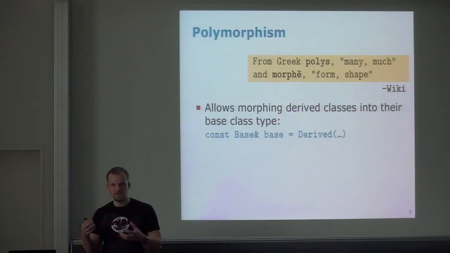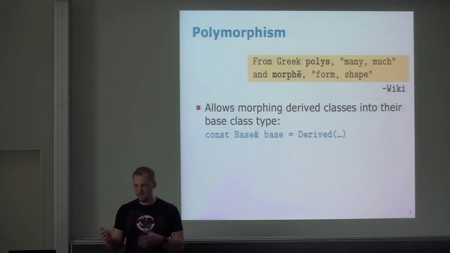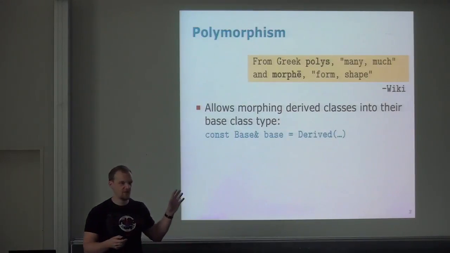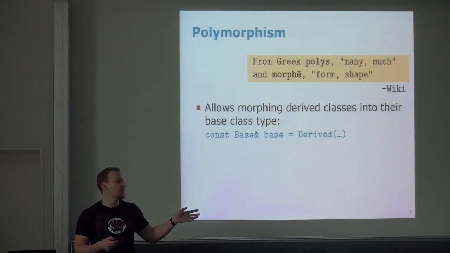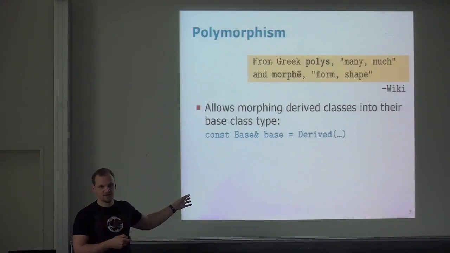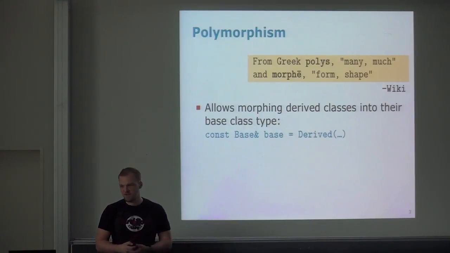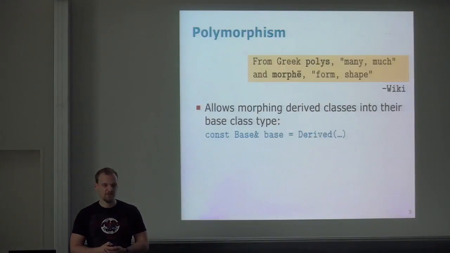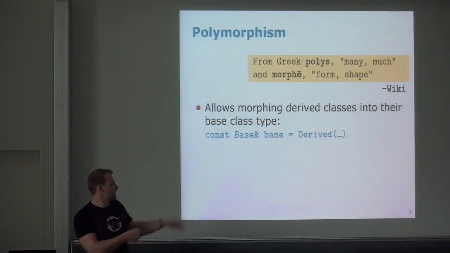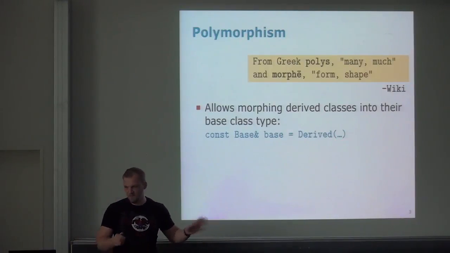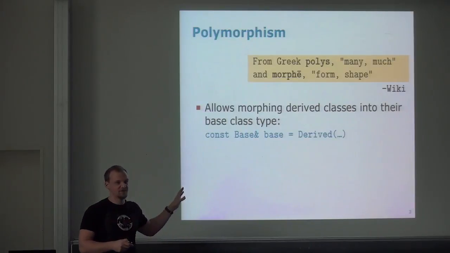If we have a base class and a derived class, then we can have a const reference and set it to some derived class. We usually shouldn't do it this way, because this is a temporary object, and anyway, the idea is that we just can't do it syntactically.